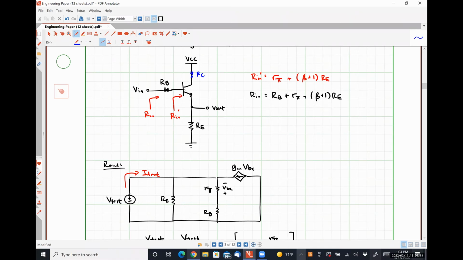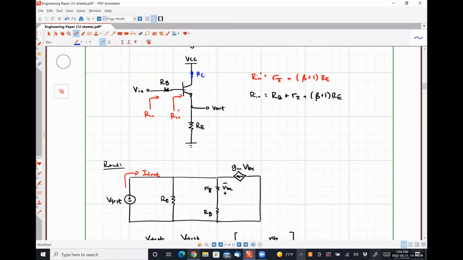Would that change the value of our output resistance at all? Not even a little bit. Turns out that the presence of this resistance RC will not affect the input resistance, the output resistance, or the voltage gain of the circuit. Okay, I'm going to have you guys prove that. I just wanted to point out where you put it in.